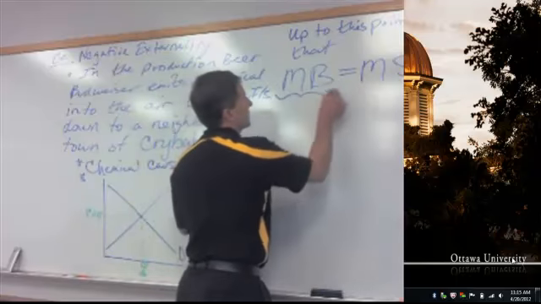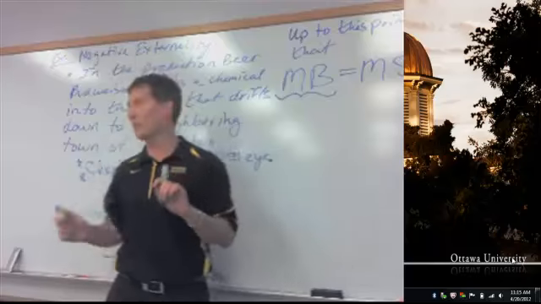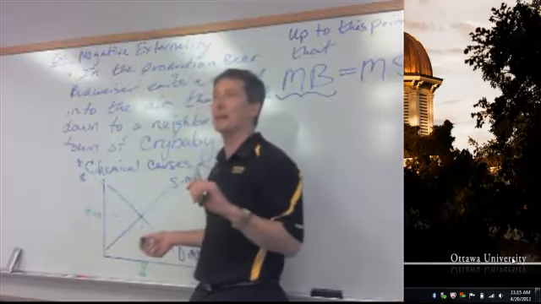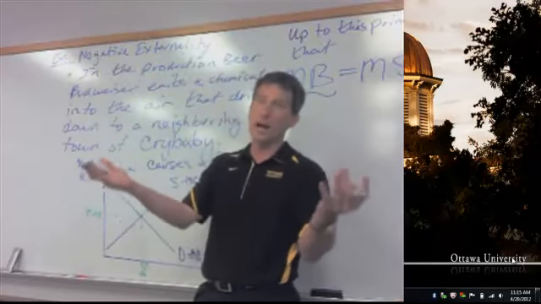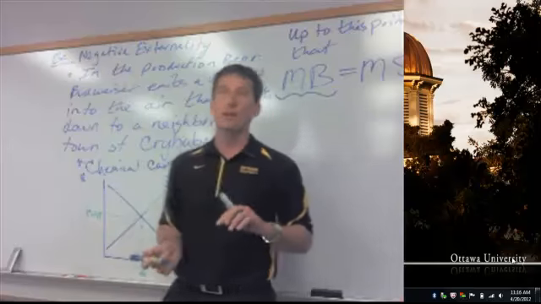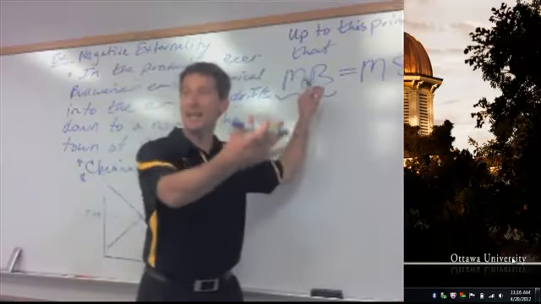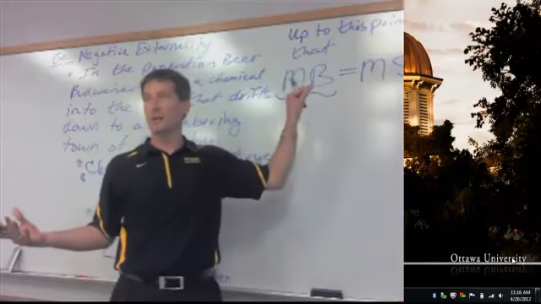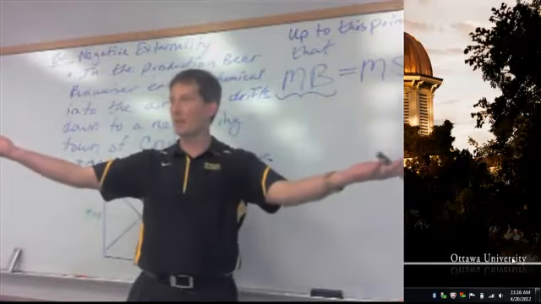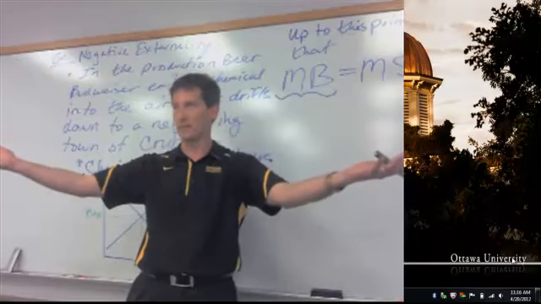So we're identifying some new things here. The MB curve, the marginal benefit curve, i.e. the demand curve, those who are wanting to buy beer, the benefit that they get from drinking beer reflects society's benefits of drinking beer. Got it?